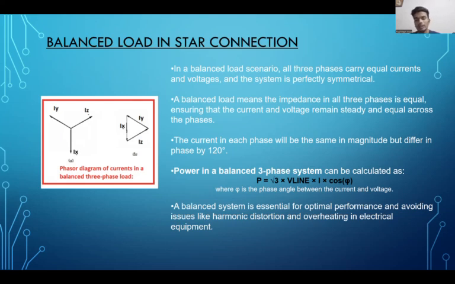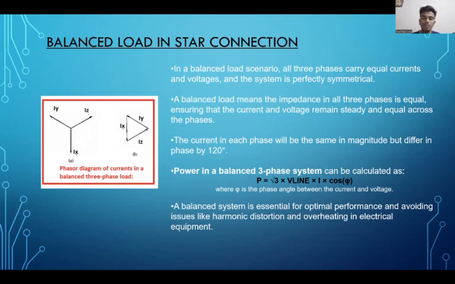Coming to calculating power in a balanced three-phase system, it can be given as P equals root 3 times line voltage times line current times power factor, where power factor can be written as cos phi, and phi is the phase angle between current and voltage.